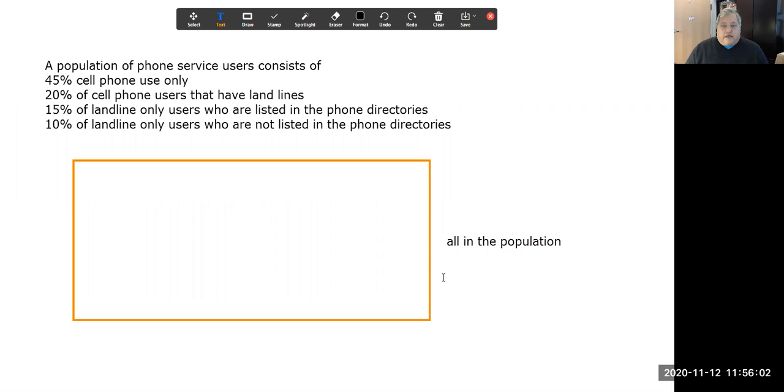Now, if I look at everybody in the population, that would make 100% of people, right? So the orange square represents 100% of people.